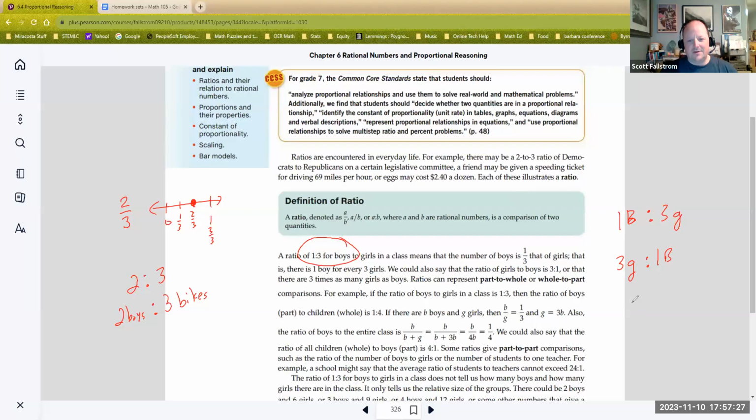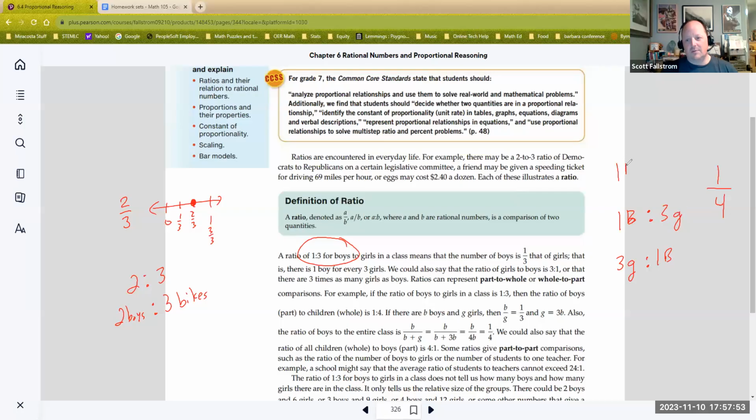Now, when we combine those together, if there's 1 boy for every 3 girls, when you put these together, that would represent 4 people, right? 4 total, and 1 would be a boy. So the fraction of boys would be 1/4. The ratio would be 1 to 3 if we're talking about boys to girls.